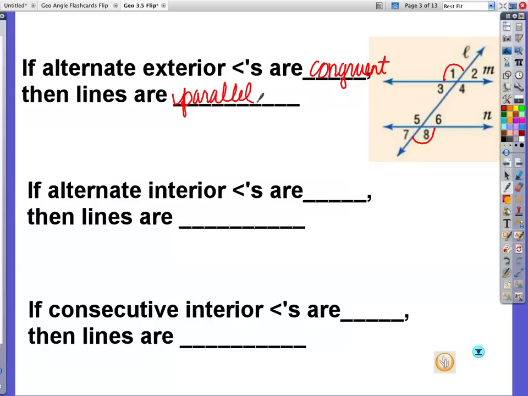If alternate interior angles, here's alternate interior, here's the pair with it. If I tell you they're congruent, then what can you tell me? Then the lines are parallel.